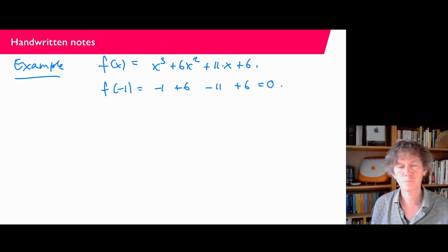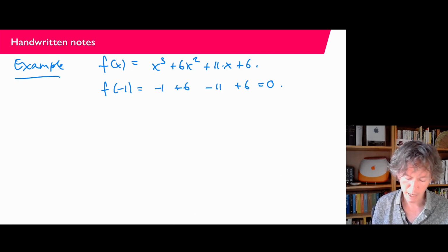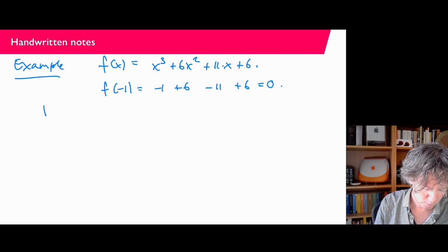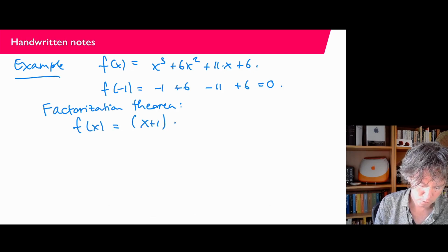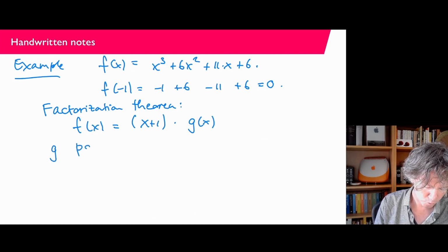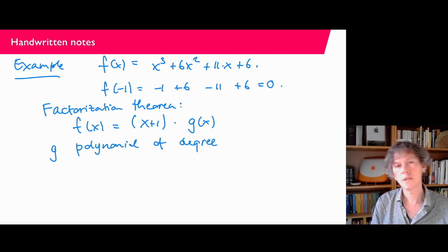And then the factorization theorem that we had tells you now that apparently f of x can be written as this x plus 1 factor times g of x, where g is also a polynomial of degree one less.